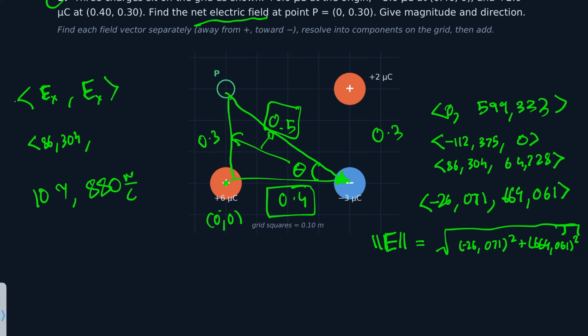It doesn't matter whether it's negative because the negative is going to cancel out when you square it. Then you add that to 664,061 squared, and take the square root of that.